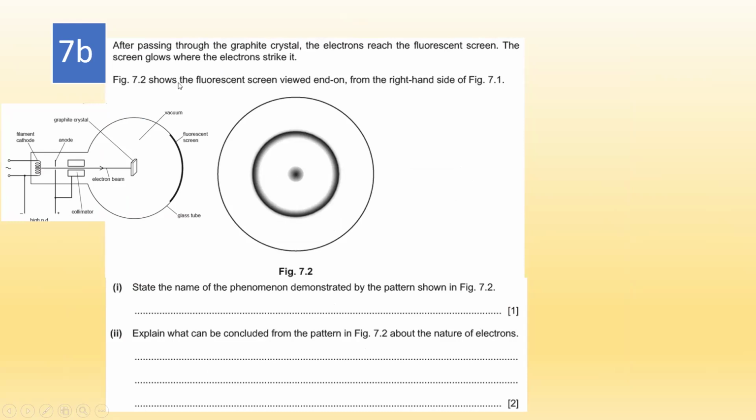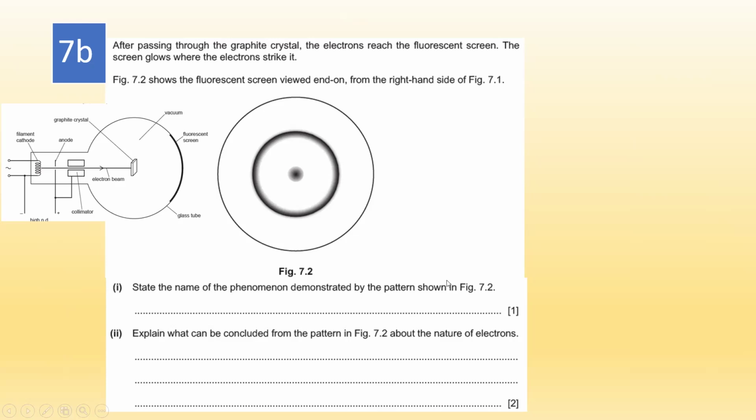Figure 7.2 shows the fluorescent screen viewed from the right hand side of figure 7.1. State the name of the phenomenon shown by the pattern in figure 7.2. What is the phenomenon?